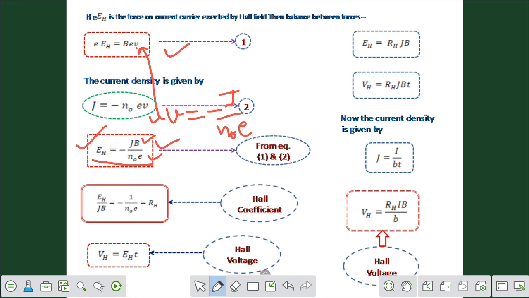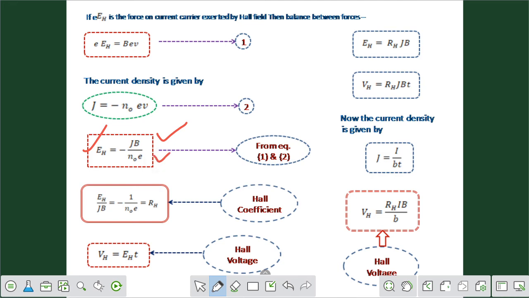In that equation, J is the current density, B is the magnetic field, which is along the Z direction as you see in the experimental diagram, and n_0 is the charge carrier concentration. So E_H is the Hall electric field, and that is the Hall electric field formula, which can be written as minus JB upon n_0 e.